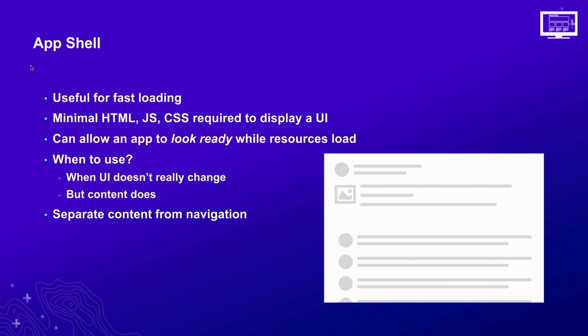Not a realistic one, but just some sort of a logo or image of a map that kind of lets users know, oh, a map is going to go here. Right? That would be kind of cool. And it separates content from the navigation, right? So you're going to move from one page to another, and you can have this kind of app shells working for the users, just so things are showing up.